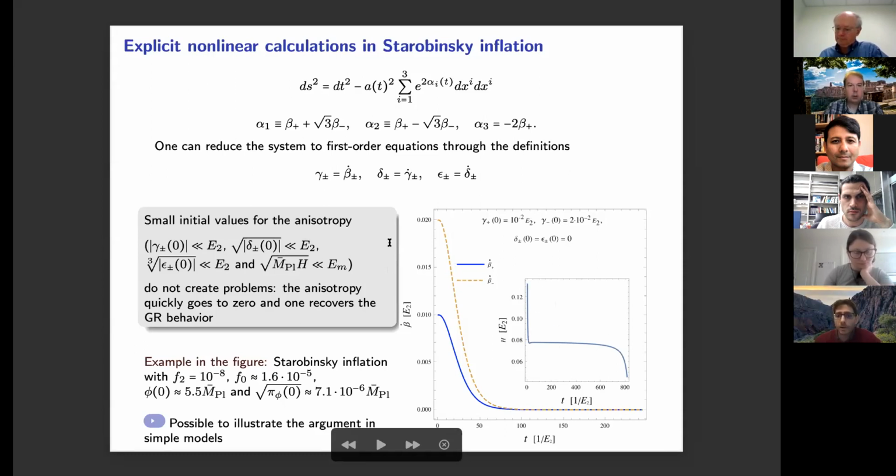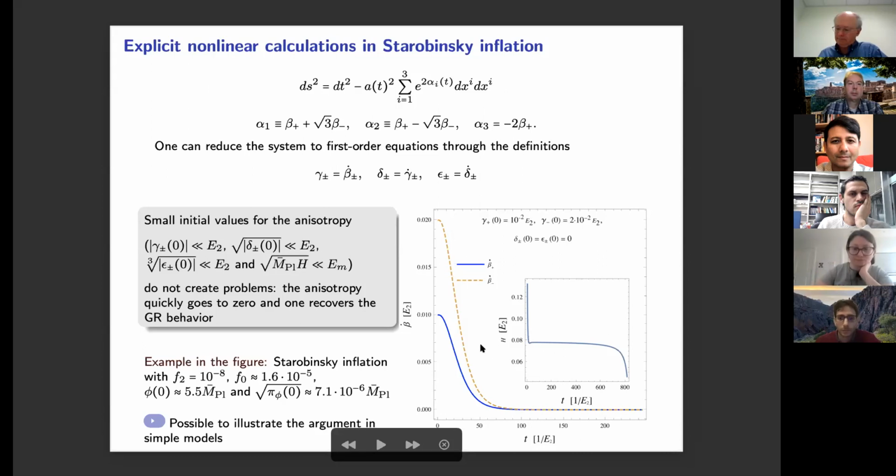So you start from a very large perturbation with respect to M2, which is very small with respect to E2 and EM, and quickly you approach the FRW metric, so you avoid the runaways.